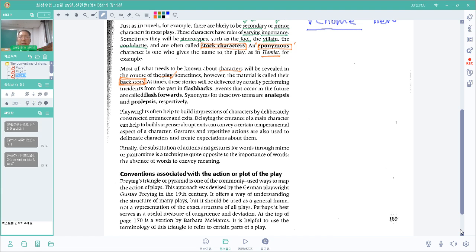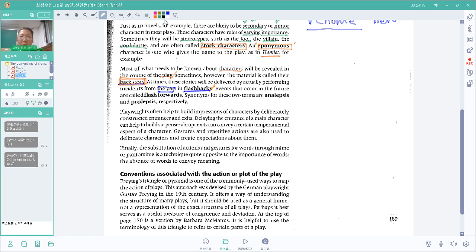At times, this story will be delivered by actually performing incidents from the past in flashbacks. So in order to explain the backstory, sometimes in an actual play they use a scene from the past. Okay? They show us an actual scene from the past, and it is called a flashback, talking about the past of the character.